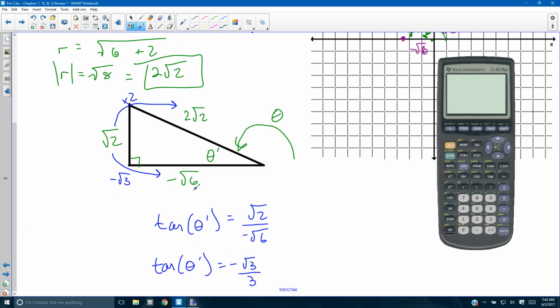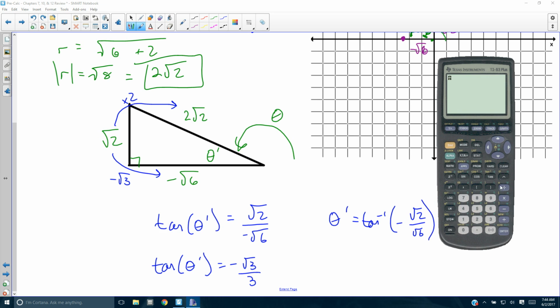So theta prime is the inverse tangent of negative root 2 over root 6, like that. If I leave it like that, then at least I trust there are no math issues along the way. So I'm in degrees. I'm going to do negative root 2 over root 6. Close this parenthesis here, and then try the next one. Okay? And then I'm going to get this number here, negative 30.